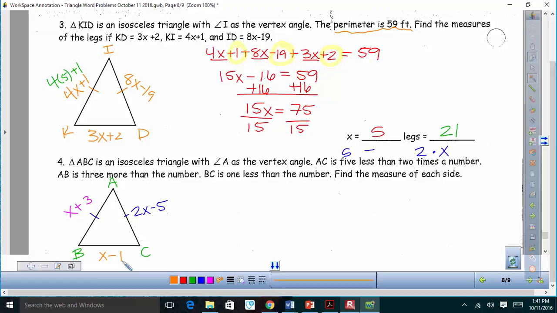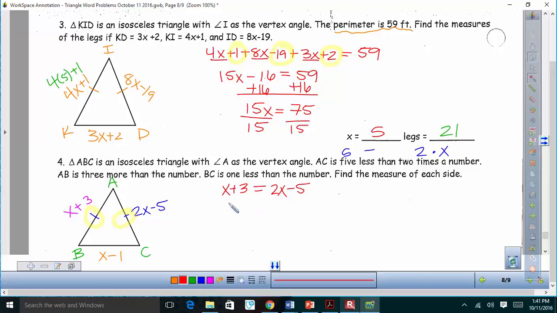What can we do knowing that it's an isosceles triangle? Yes? Set which one's equal? Very good. We know that this side and this side is congruent, so we're going to set them equal and solve. So we're going to do x plus 3 equals 2x minus 5.